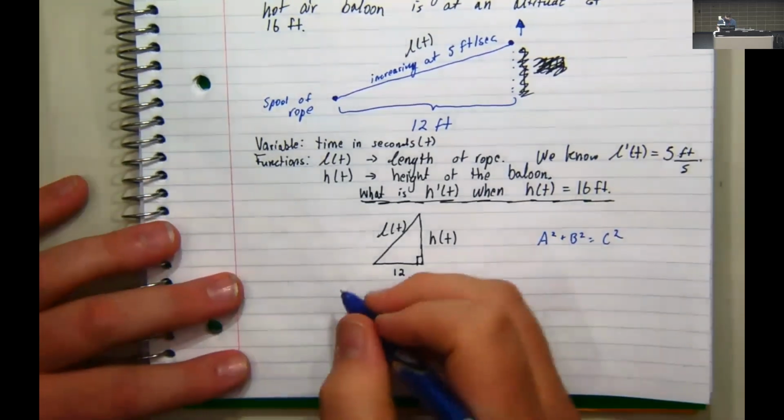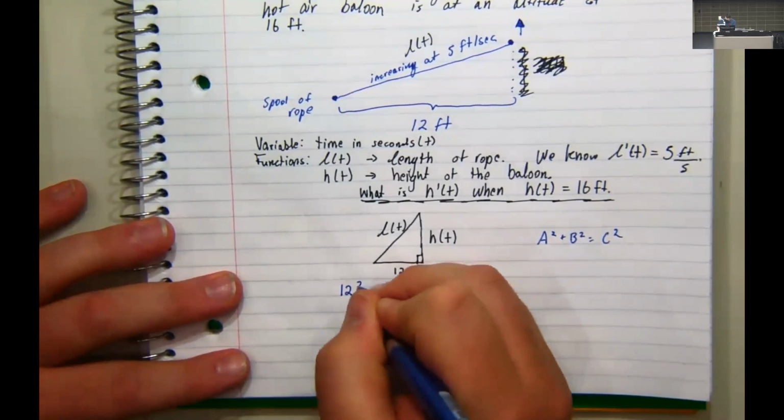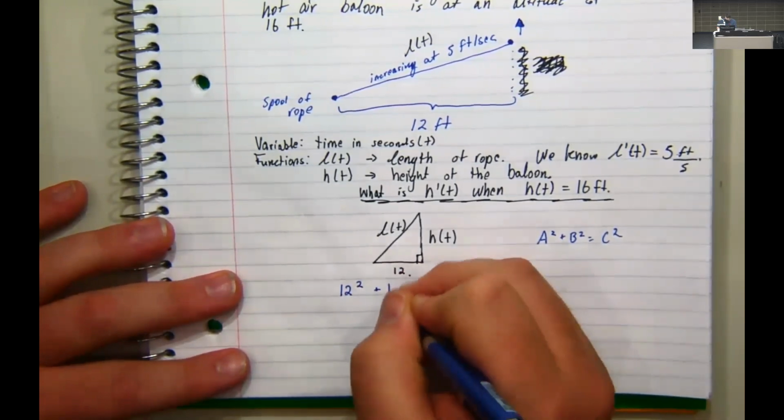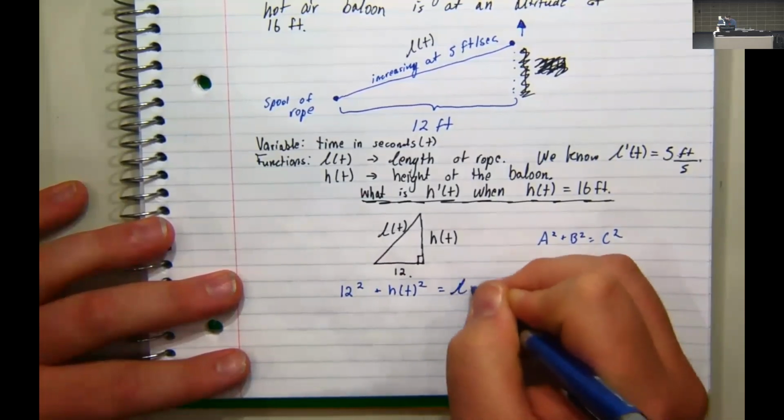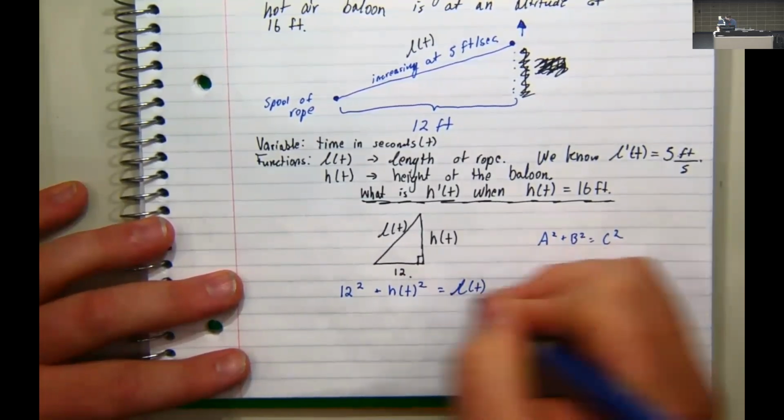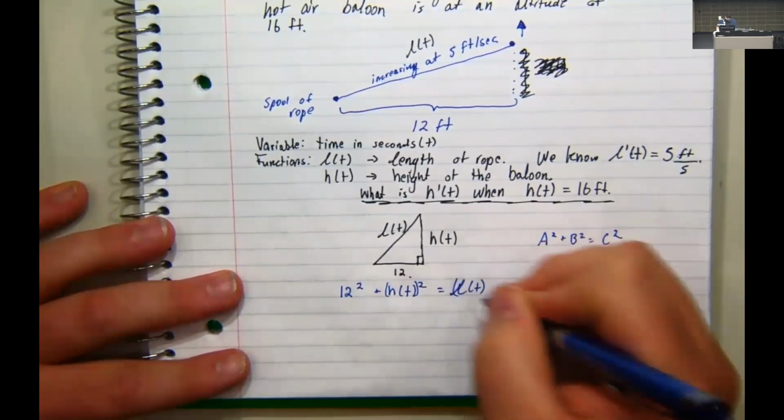So we have 12 squared plus h at t squared is equal to L at t squared.